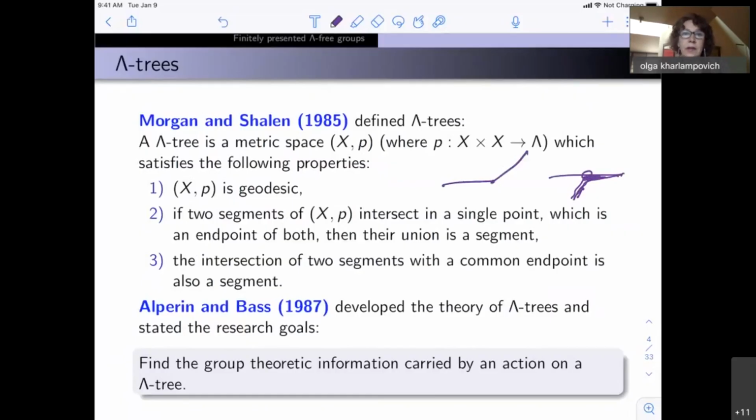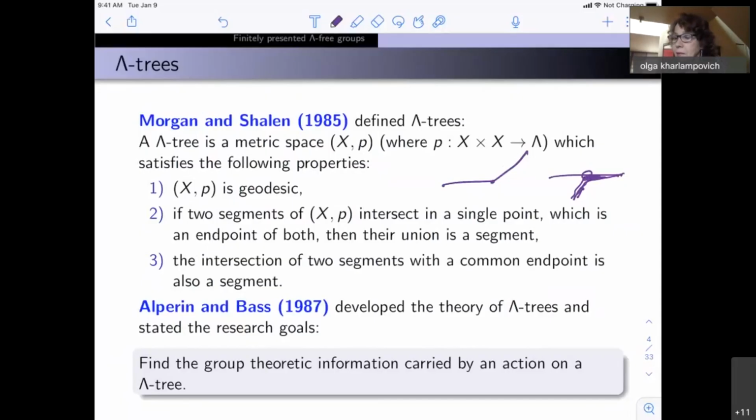In the case of real numbers, R-trees, you can think simply about zero-hyperbolic metric spaces. Then there is a big paper by Alperin and Bass, where the theory of lambda trees was developed. And there is also Chiswell's book on lambda trees, which is called Lambda Trees.